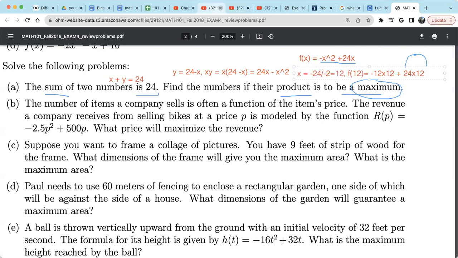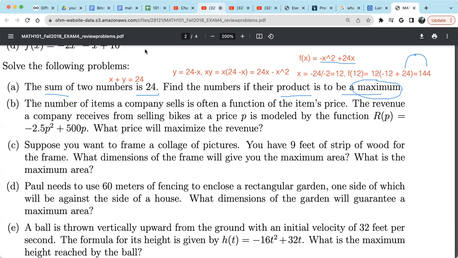Then I see a common factor of 12, which means I can factor out the common factor 12. The first term leaves me -12, and the second term, I have 24. You may use a calculator, okay? And then I have 12 times 24 minus 12, that's 12. I have 12 times 12, which is 144.